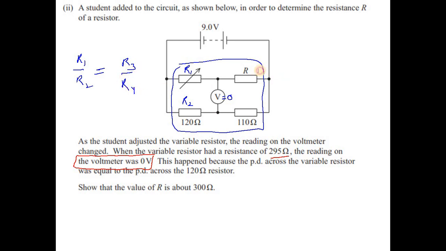I'm considering this is R3 and this is R4. This is only if we have a voltmeter showing 0 reading. So we can use this approach.